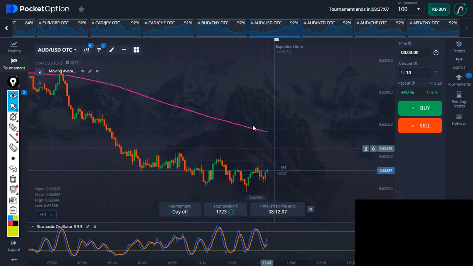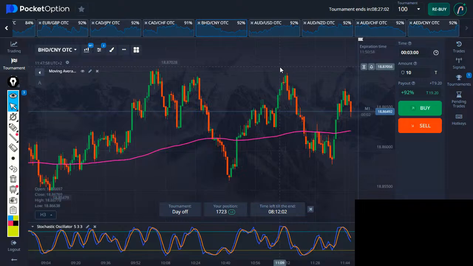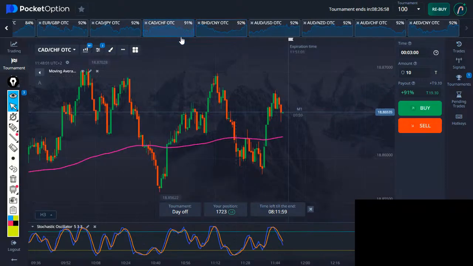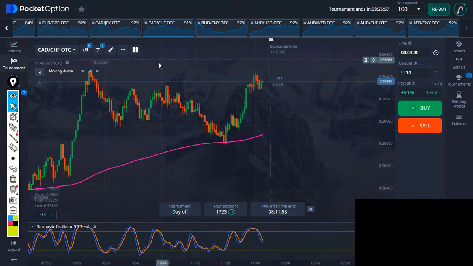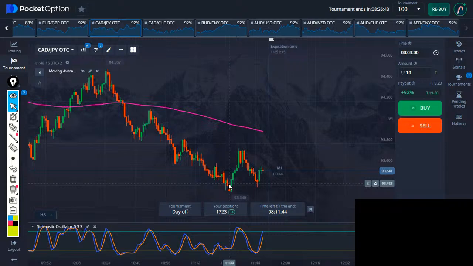Okay, this is nice. Even though here we have a higher high, the pair failed to do a lower low.